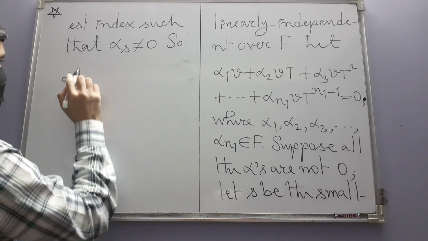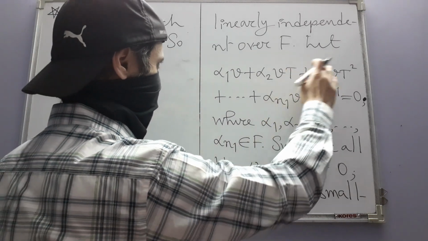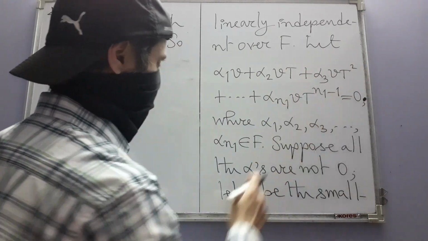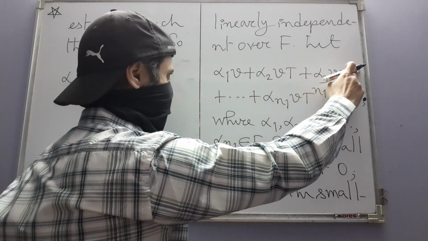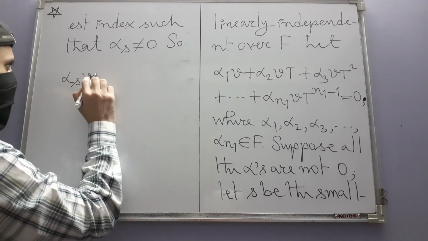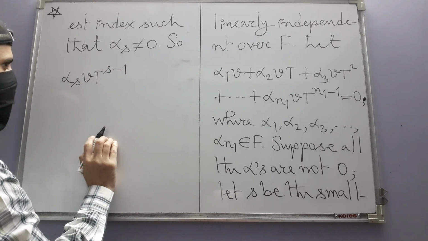Alpha S V, you may get confused with what the exponent here is and what the index here is. Note that the exponent of t is 1 less than the index. That means here we are going to have s minus 1.